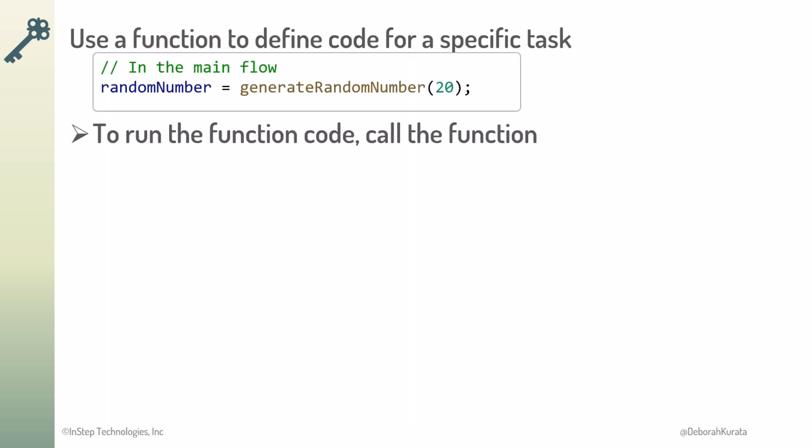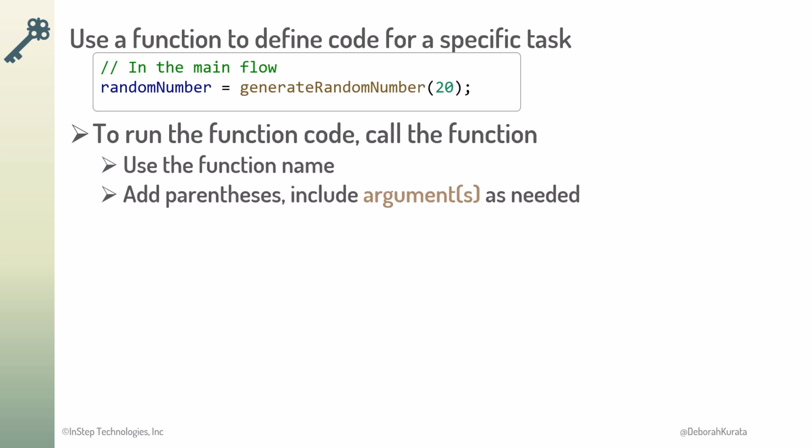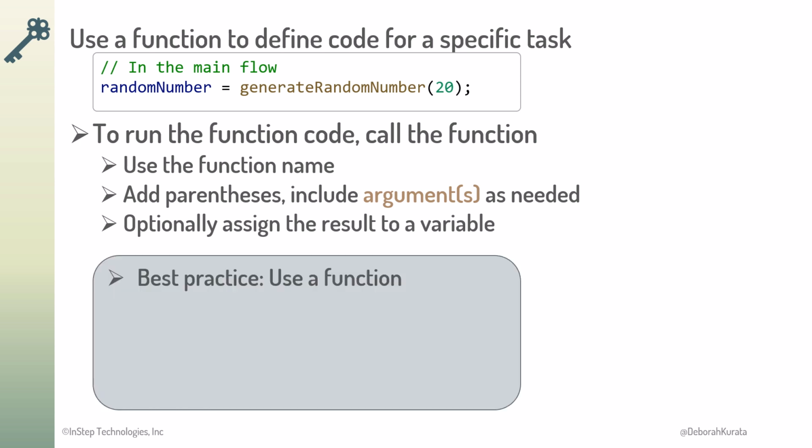To run the code in the function and perform its operation, call the function. Use the function name, add parentheses, define arguments within the parentheses to pass data to the function. Optionally assign the result to a variable. Best practice is to use a function for every task that our page needs. Then our main flow assigns variables and calls these functions as needed.